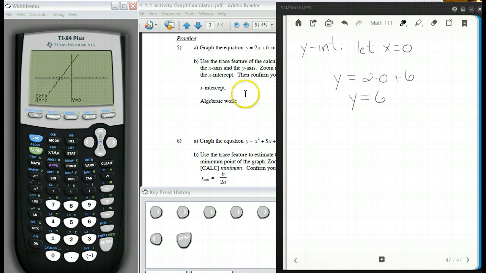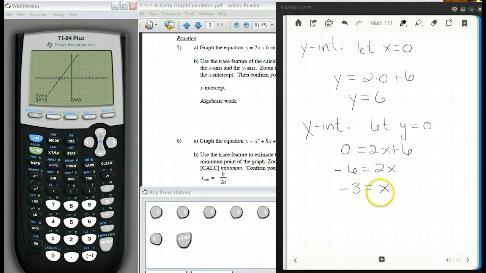For the x-intercept, we let y equal 0. In our equation, that means 0 equals 2x plus 6. Now I need to solve for x. Move the 6 over as -6 equals 2x, and divide by 2, so -3 equals x. That's exactly what we got on our calculator: the x-intercept is -3.